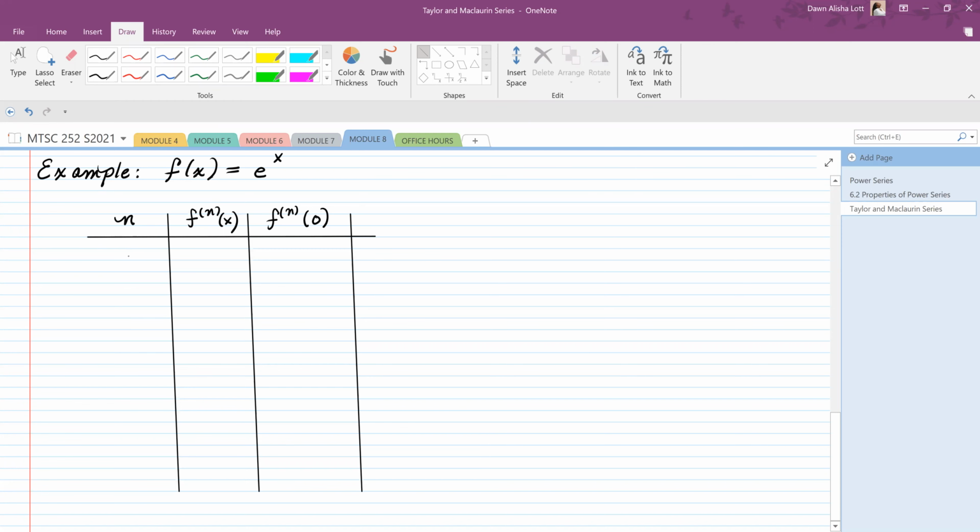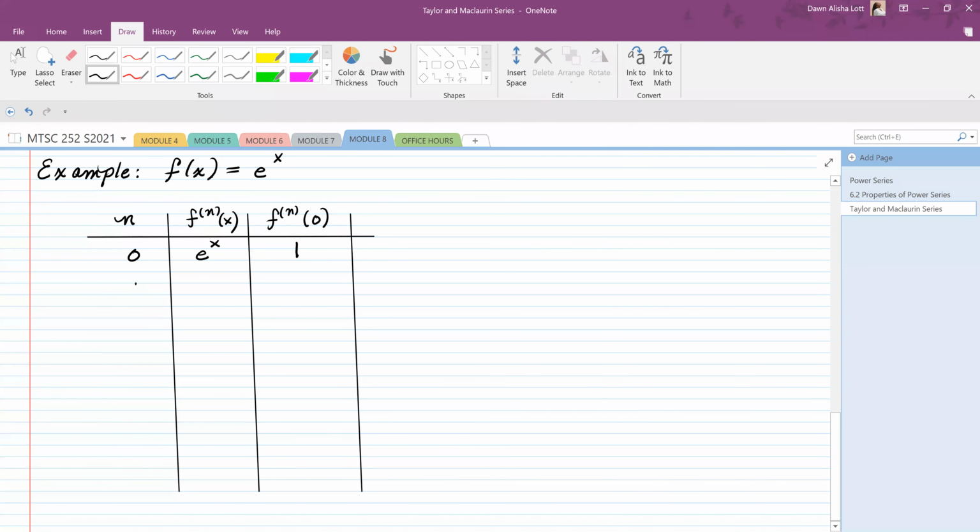With n equals 0. Okay, so if n is equal to 0, then the 0th derivative, meaning I'm not taking a derivative of the function, is just going to be e to the x. And when I evaluate e to the x at 0, I get e to the 0, which is 1.